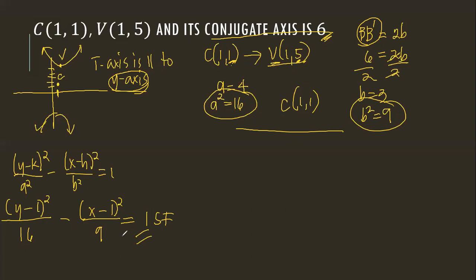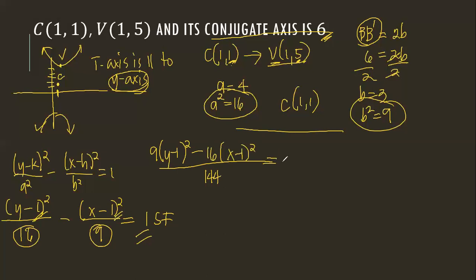So let's get the common denominator, that's 16 times 9 is 144. Then 9 times y minus 1 square, minus 16 times x minus 1 square, that is equal to 1.